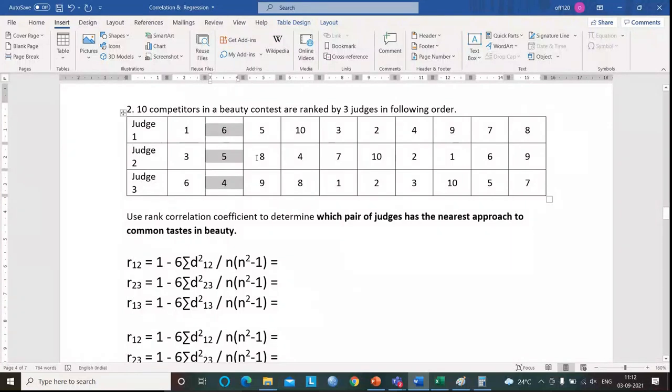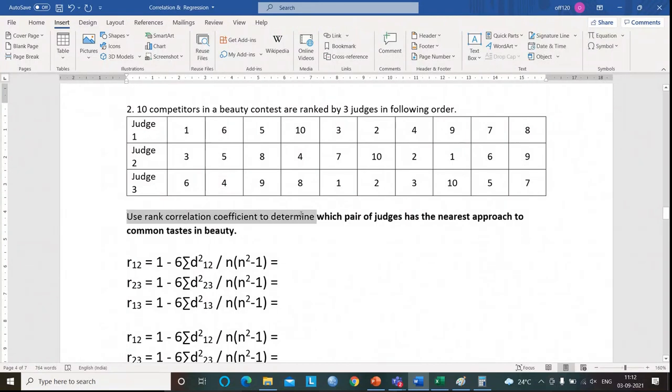Similarly, for the remaining people, different ranks were distributed. Now, using rank correlation coefficient, determine which pair of judges has the nearest approach to common taste in beauty.